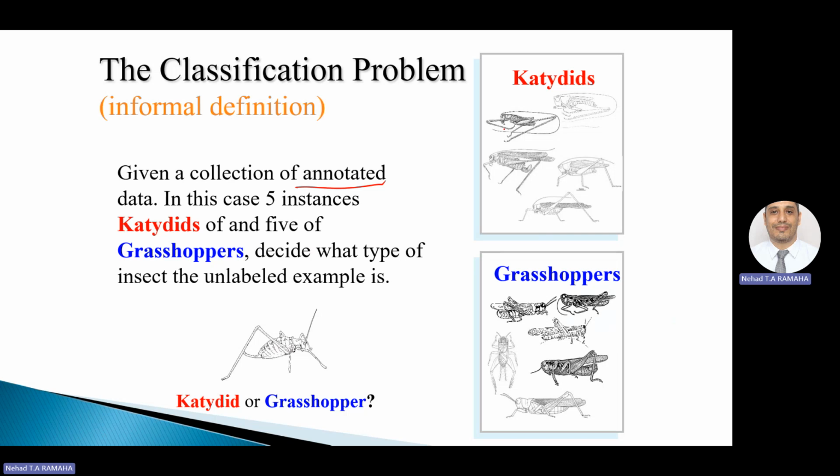It looks similar, but it's different. Usually the katydid has longer antennae and a smaller body, and the grasshopper usually has shorter antennae, and the back of the body is longer, and so on.